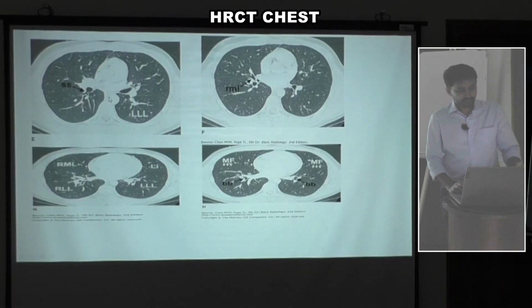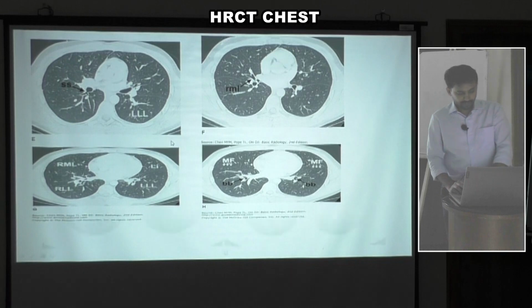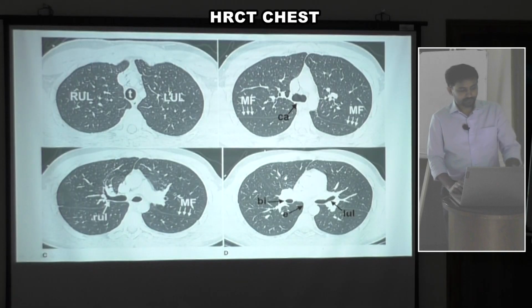I am not going into that much detail. These are some basic axial sections of HRCT. At the apical level, the central structure is the trachea, and you see only the right upper lobe and left upper lobe. Once the trachea divides at the carina, at this level the fissure will start.